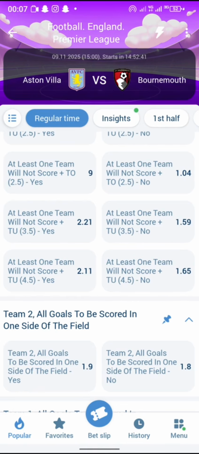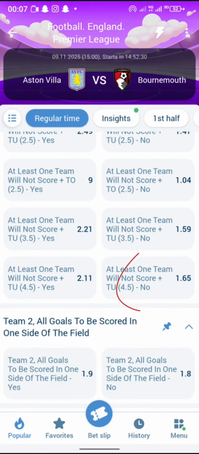Or if at the end of the match the total goals exceed 5, even if both teams did not score and the total goals is 5 or 6, you win the bet under the no option.